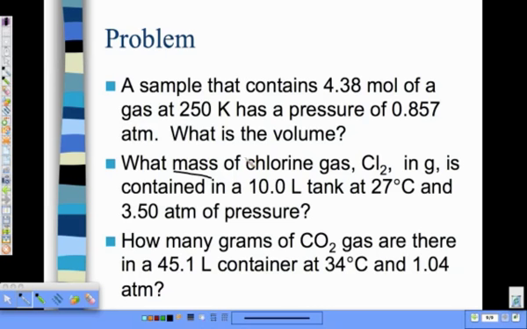But we could solve for moles, which we can convert to mass since we know which compound it is. So the pressure is 3.5. Volume is 10 liters. We do not know n. R is 0.0821. T is 27 plus 273, 300.